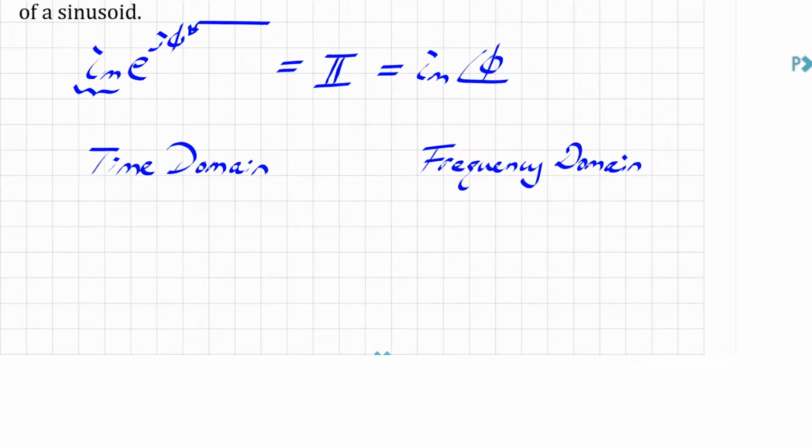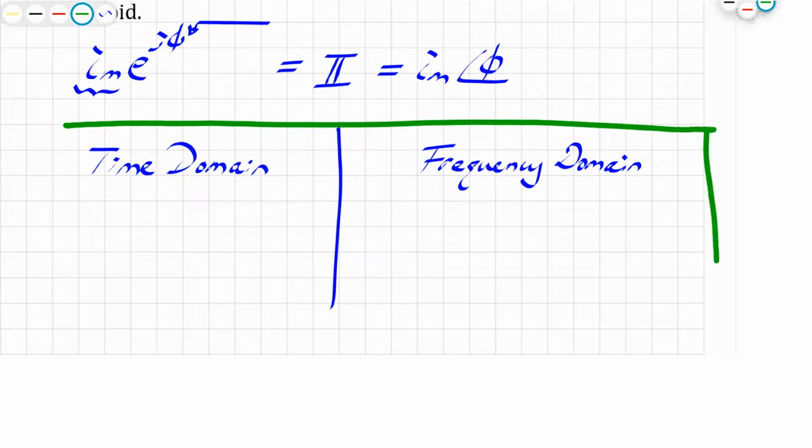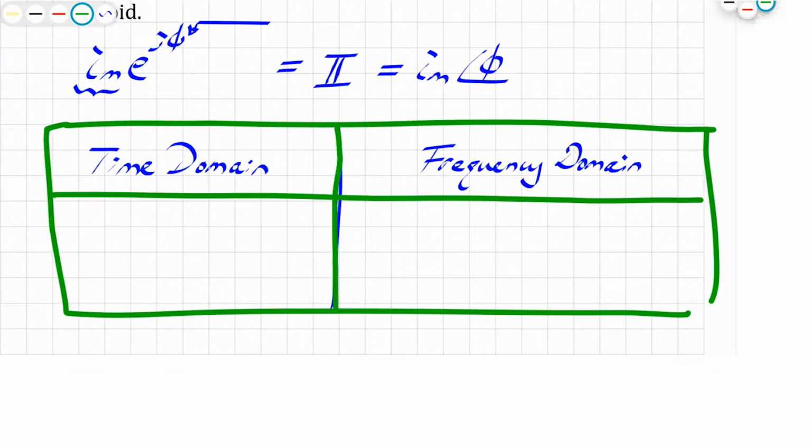So if we do the comparison, we're going to draw a table. If in time domain we have a function that is A times cosine omega t plus or minus a theta, a phase angle, this is the time function that we ordinarily would see.